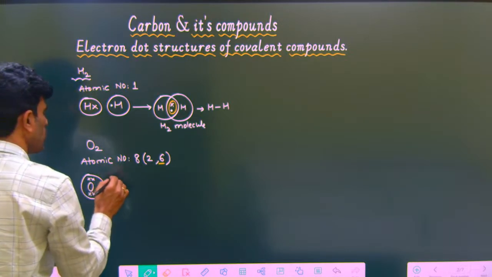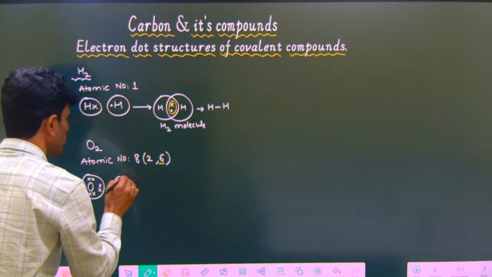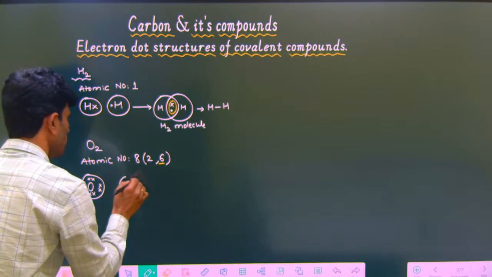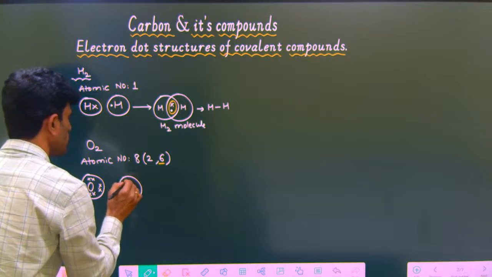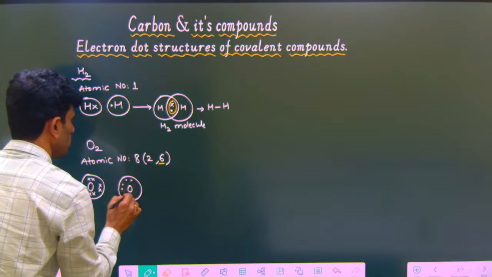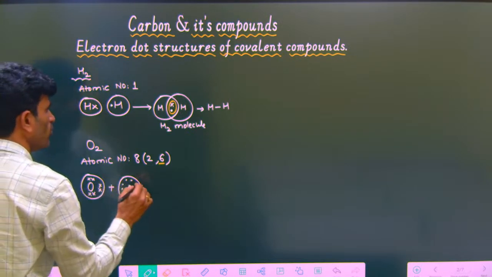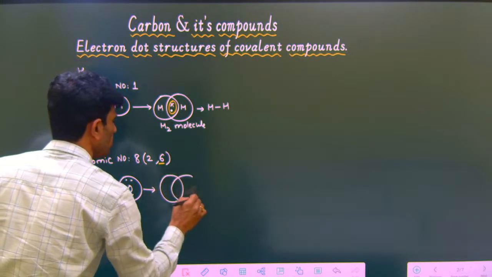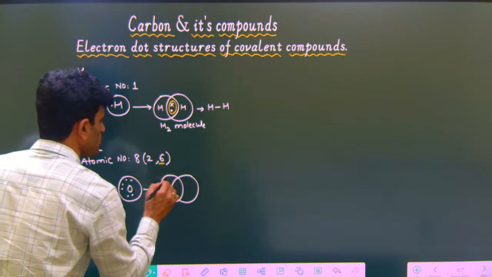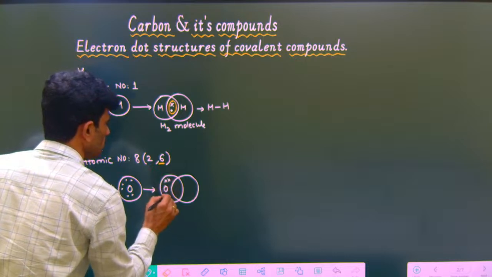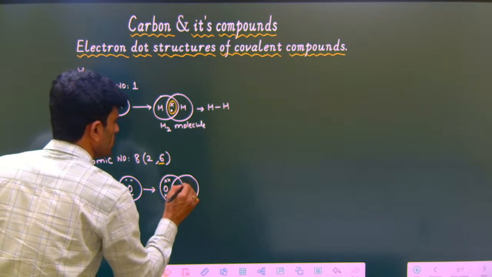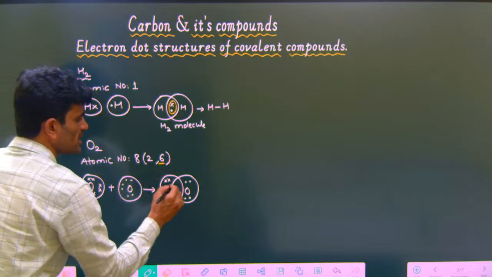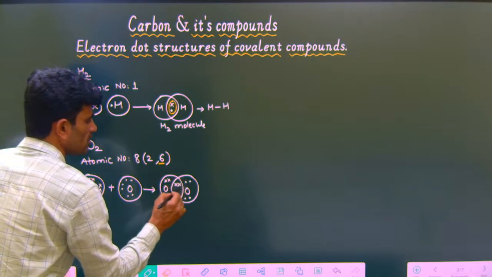Like this, the first oxygen gives 2 electrons, and this is the second oxygen. This is before bond formation. After the covalent bond is formed, it will be like this: first oxygen, second oxygen. Each oxygen gives 2 electrons.